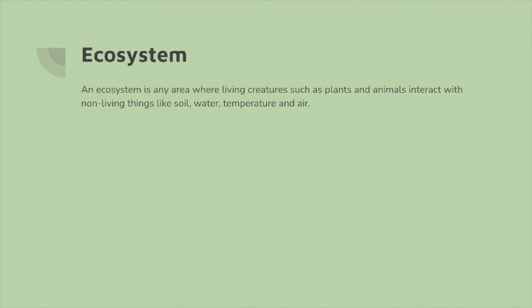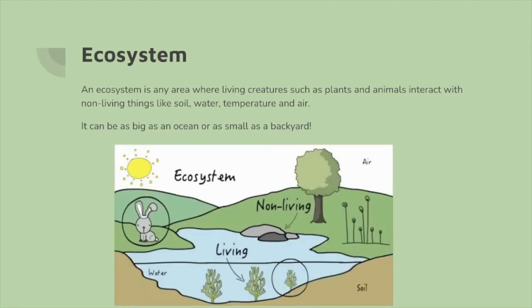And an ecosystem is any area where living creatures such as plants and animals interact with non-living things like soil, water, temperature, and air. And ecosystems can be as big as an ocean or as small as a backyard. And you can see in this image, we have the non-living rocks and the living plants and the bunny interacting with the weather throughout that larger ecosystem.